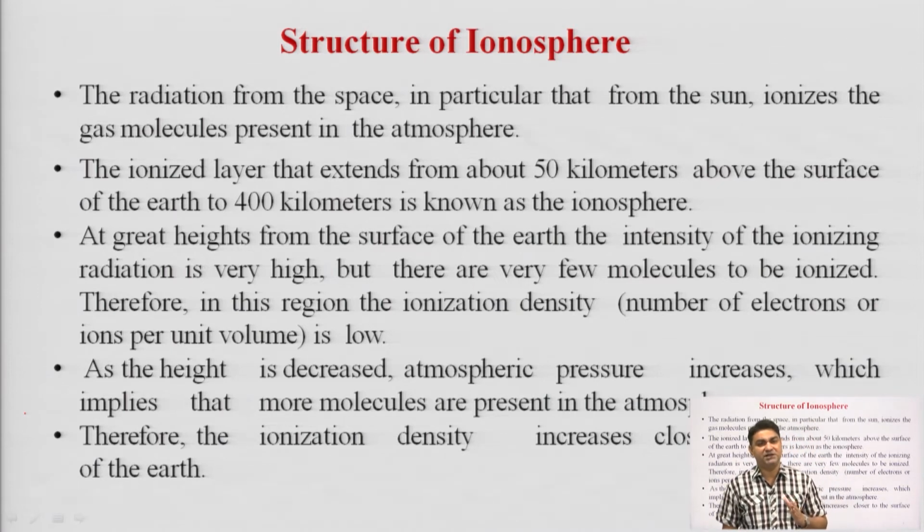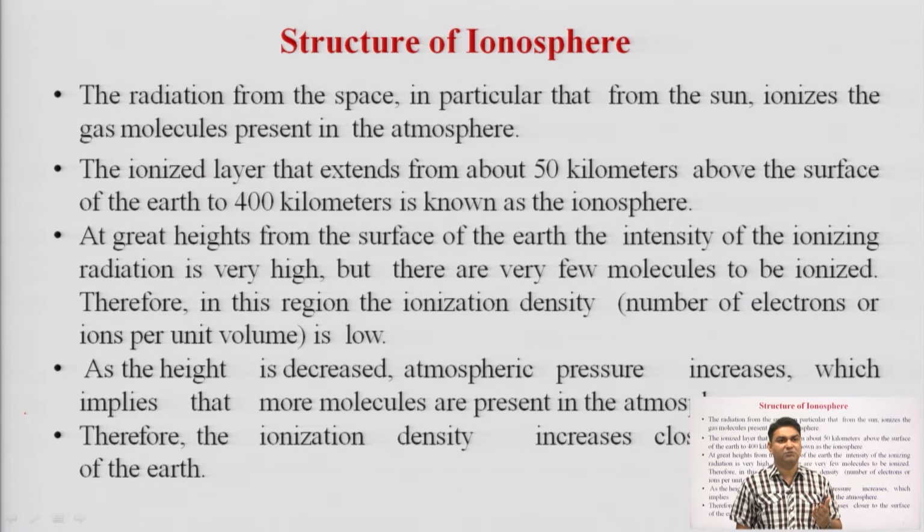This is the basic characteristic of that region of the atmosphere, which is important as far as the ionization process is concerned. The ionized layer that extends from about 50 kilometers above the surface of the earth to 400 kilometers is known as the ionosphere. This is the range of the ionosphere, from 50 kilometers to 400 kilometers.